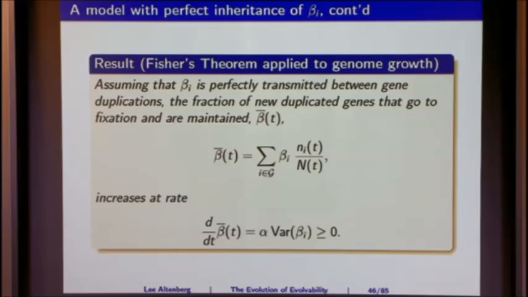So basically this says that with this perfect transmission, evolvability will increase through this gene duplication process. And there are the details of the calculation.